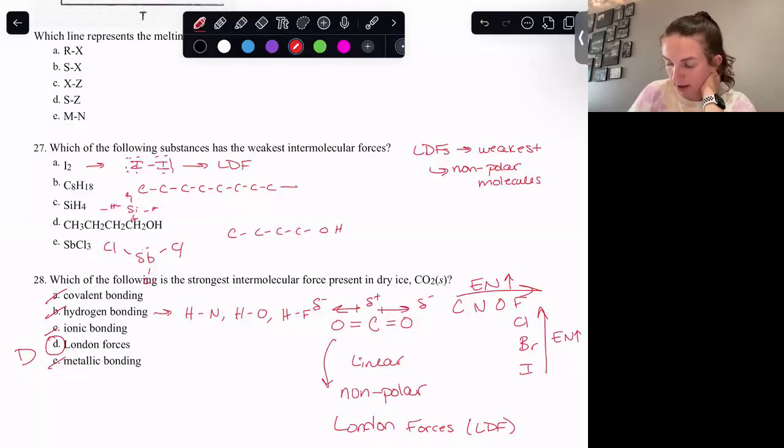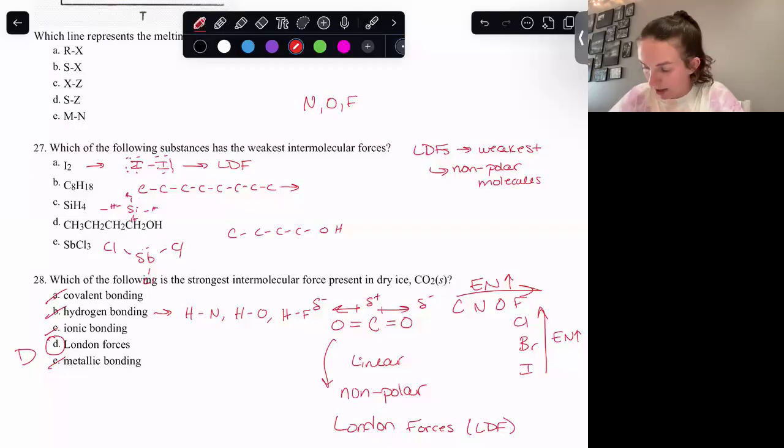What about C8H18? What's going on with that one, with B? What forces are present here? So Alan, we're not going to have hydrogen bonding here, because in order to have hydrogen bonding, we need to have a nitrogen, oxygen, or fluorine directly bonded to a hydrogen.